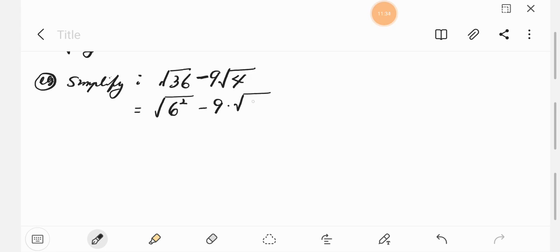And 4 is a perfect square, which is 2 squared, right? So this is equal to 6 minus 9 times 2. So 6 minus, multiply first, 18. So the result will be negative 12. Make sense?